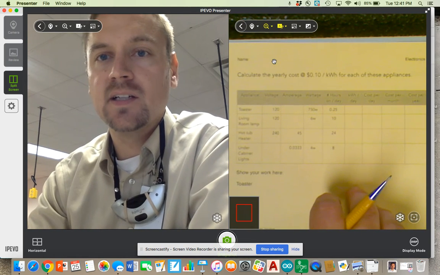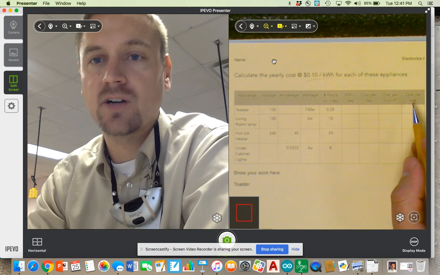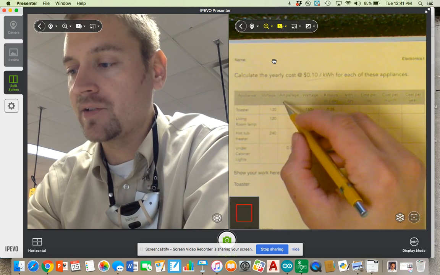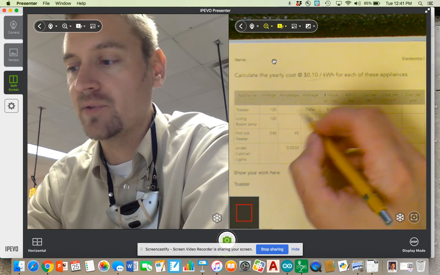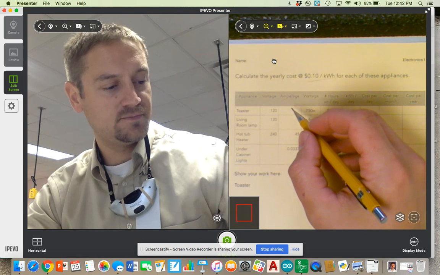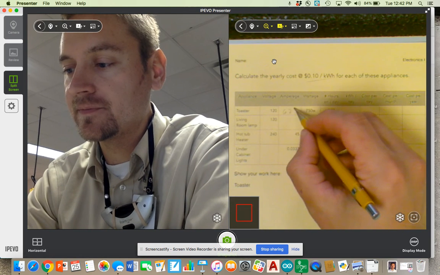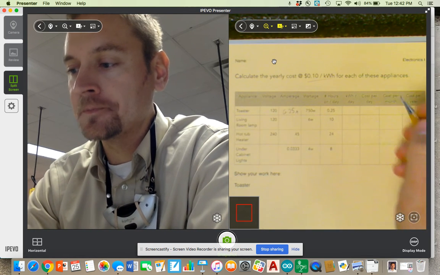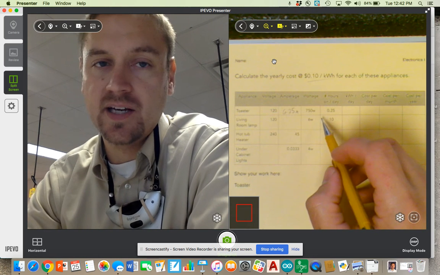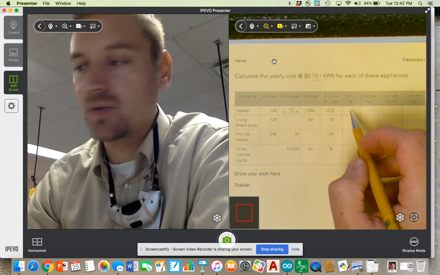On the backside, it says to calculate using 10 cents a kilowatt hour for the appliances, so we have our cost per year. To find amperage, I can do wattage divided by voltage, and I get 6.25 amps. If I take 750, divide it by 1,000, and multiply that times my number of hours in a day, I get my kilowatt hours per day.